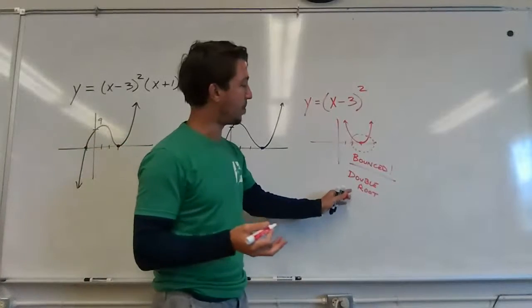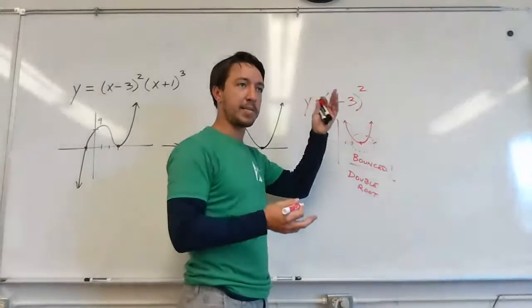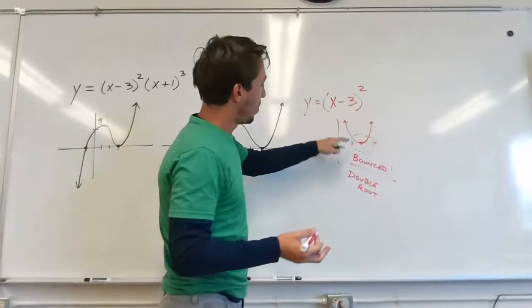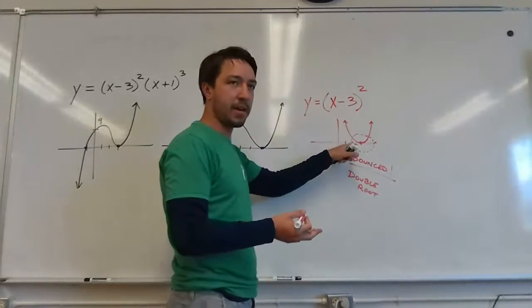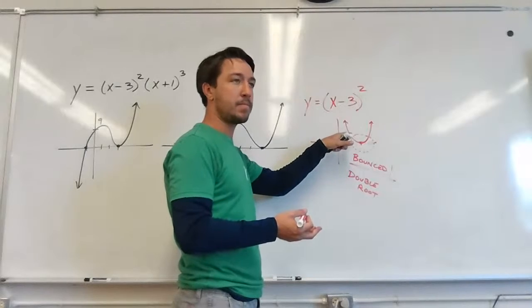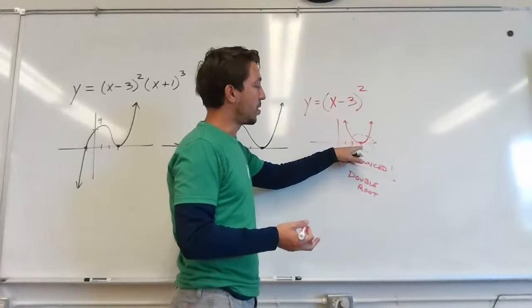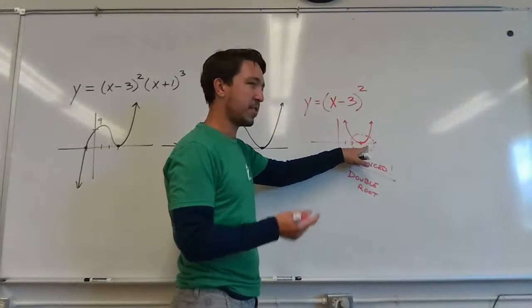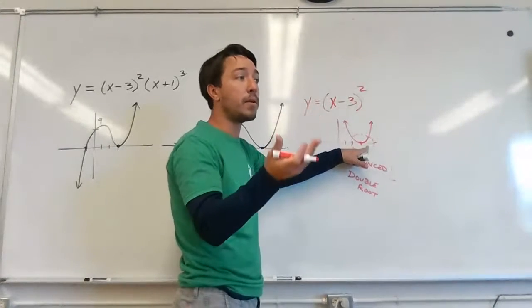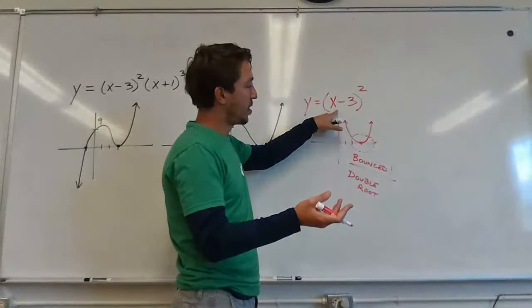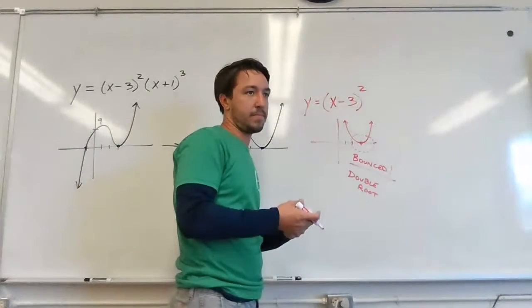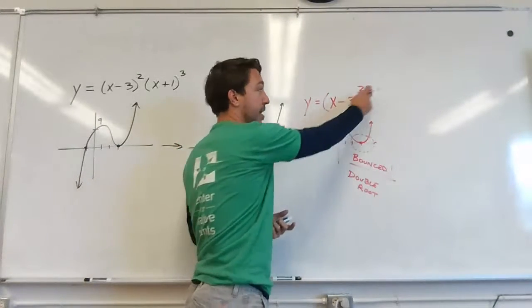Well, let me know if this explanation makes any sense. On the right and the left of this, so again, where does the x-intercept happen? 3. So think about a number just to the right of 3, just barely, like 3.1. If you plug in 3.1 in here, would the result be positive or negative? Positive, right? Because it's getting squared.